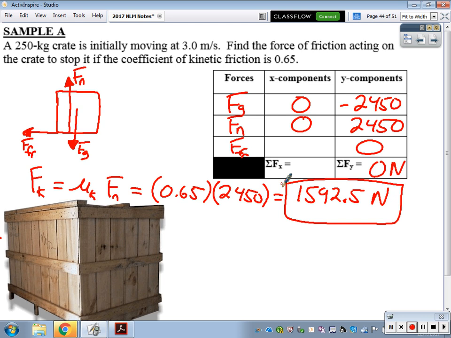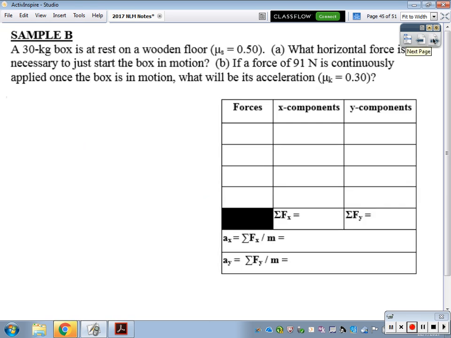Find the acceleration of the crate at this point. Yeah, we would know that, okay? We could figure out what the rate of acceleration would be for our crate, at least until it gets to rest. Didn't ask you to worry about it, but I just wanted us to at least have one example of seeing how we would find that frictional force. Okay.